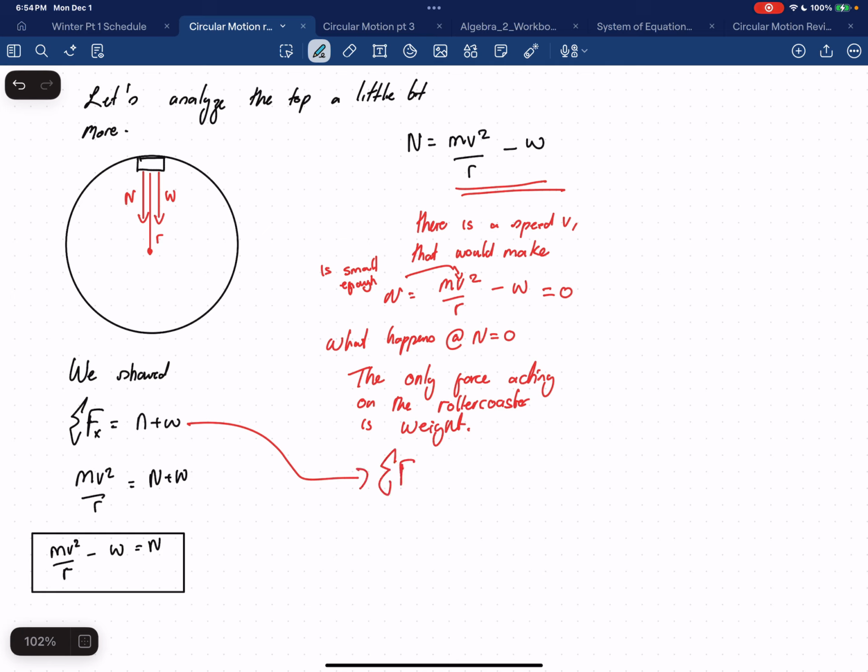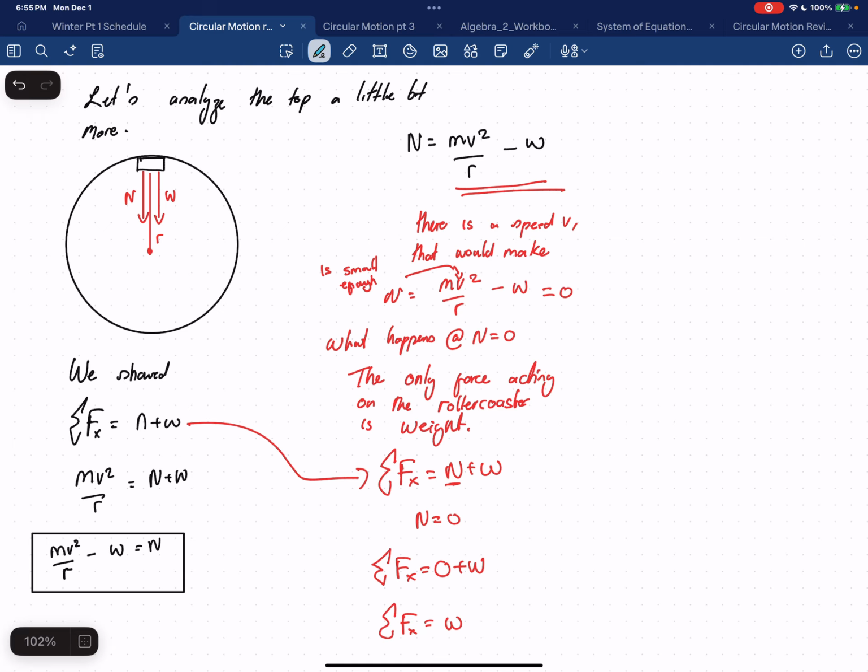If I bring back the dynamic equation of the forces acting on it at the top, and I make n equals 0, F of x is going to be equal to N, not N, 0, plus W. F of x is going to be equal to W.